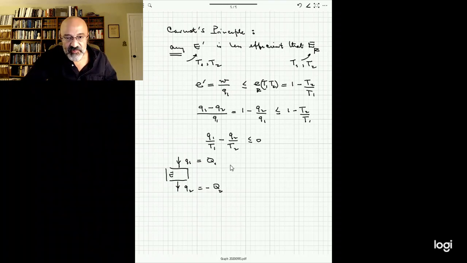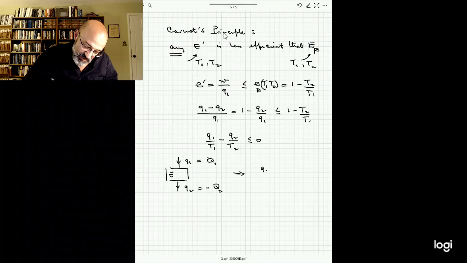So Q1 is positive and this Q2 is negative, so that with that minus sign, it gives you the positive one. When we write it like this, the expression of Carnot's principle is Q1 over T1 plus Q2 over T2.